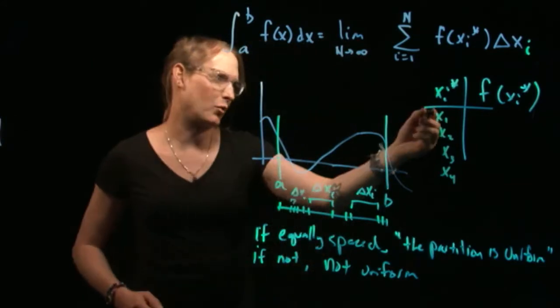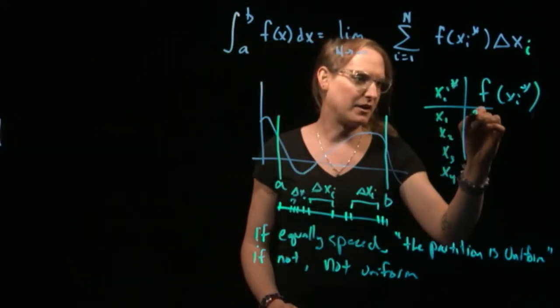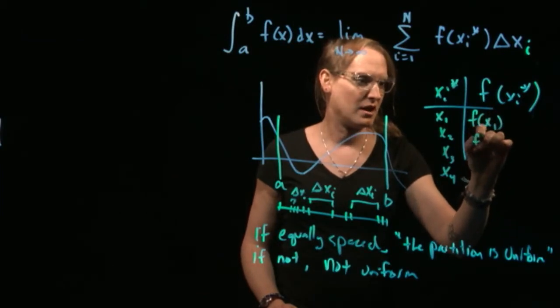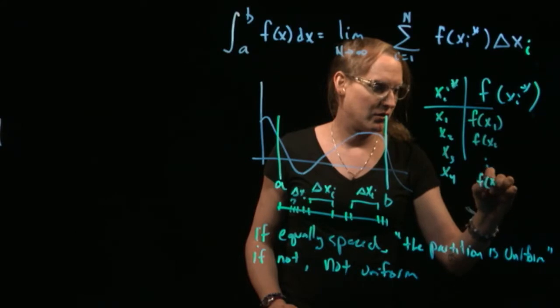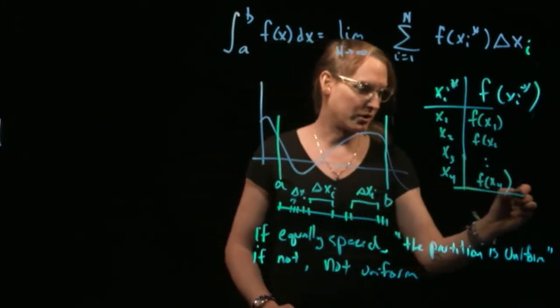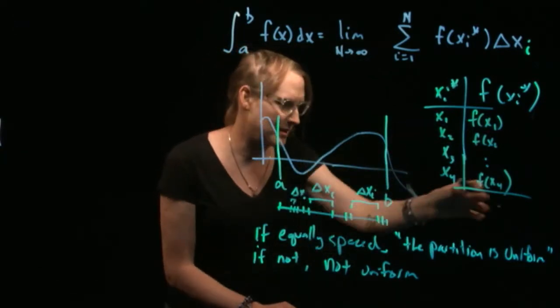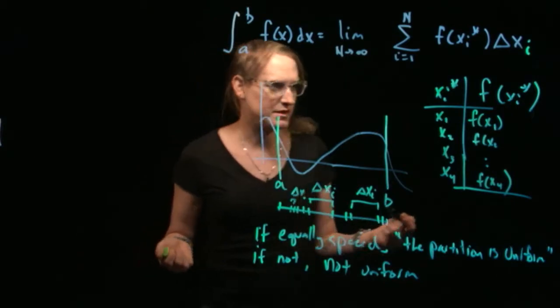I'm doing right endpoints if I do that. So I can't just go f of x sub 1, f of x sub 2, f of x sub 4, or whatever it happens to be. And what I've done before is take the sum of these things and then multiply by delta x. But that's not the width of all of them, so that would be wrong.